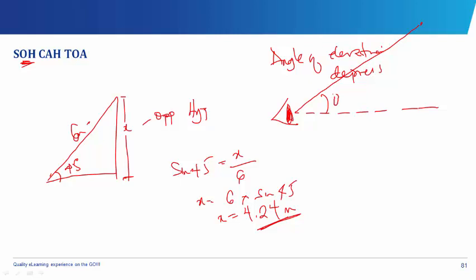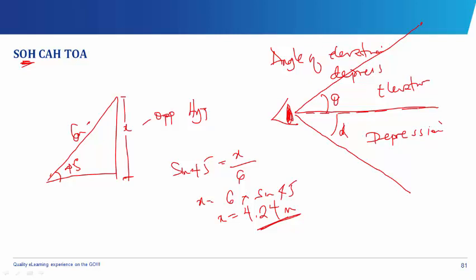The angle formed when you look up, let's call it theta, is called the angle of elevation, because you are looking up. And anytime you look down, the angle formed, let's call it alpha, from the horizontal normal eyesight, is called the angle of depression.